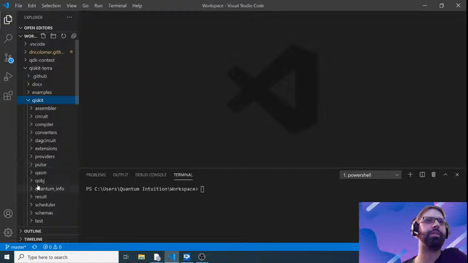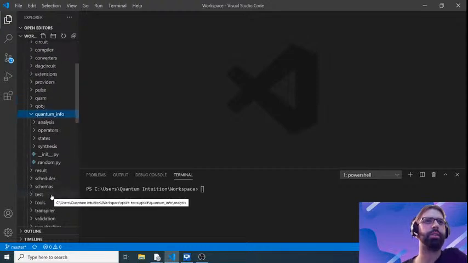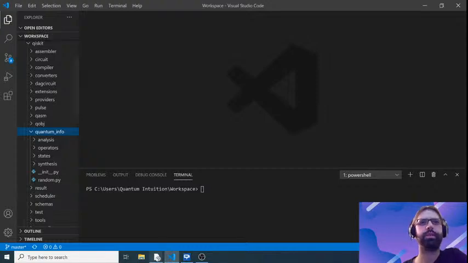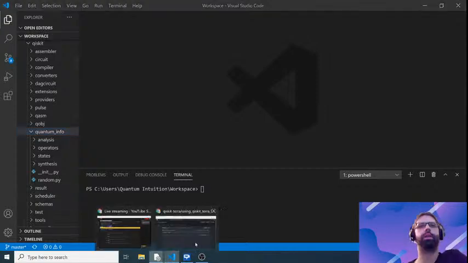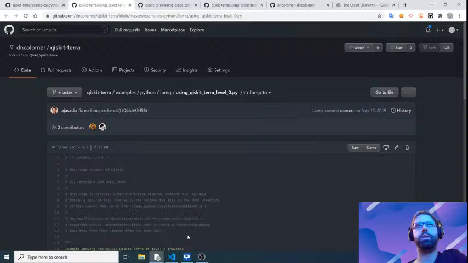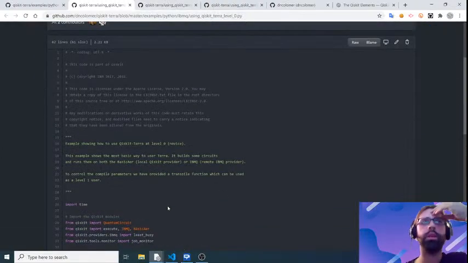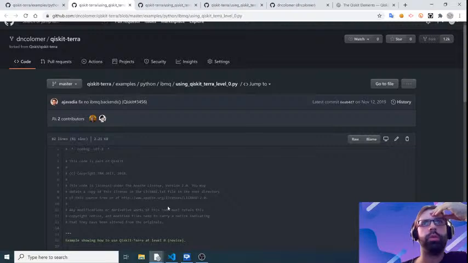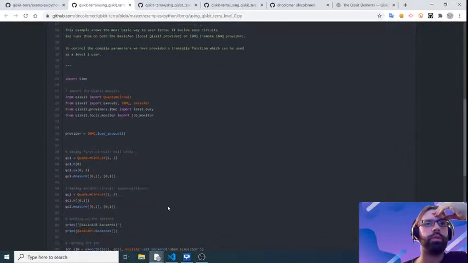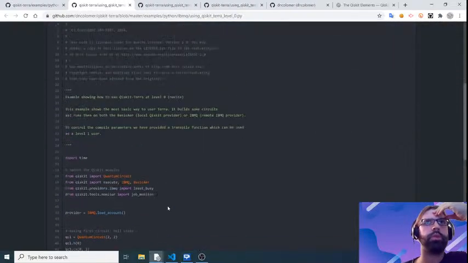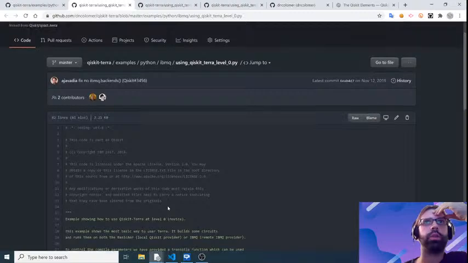I kind of feel like quantum info analysis, maybe I'm better off staying in the browser. So where I was, using Qiskit Terra level 0.